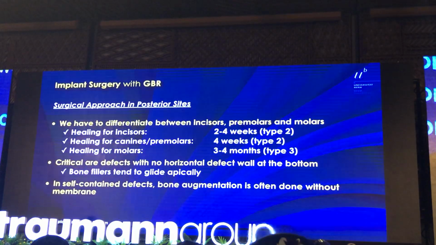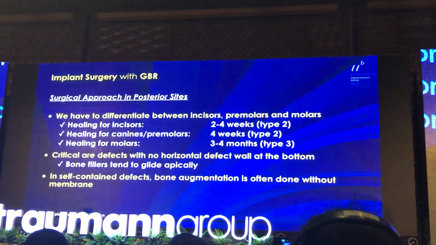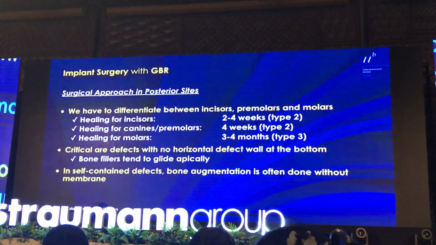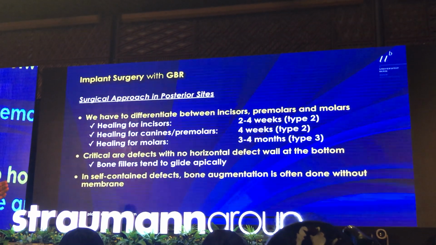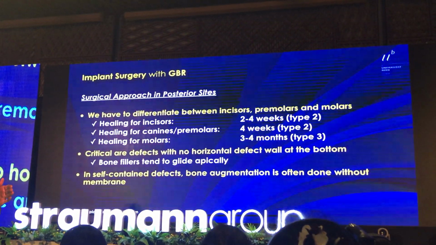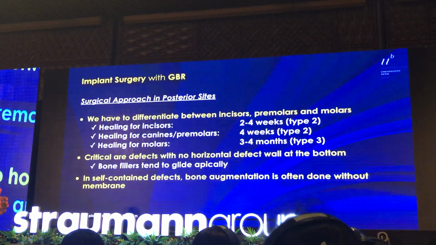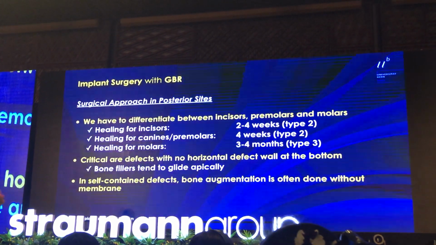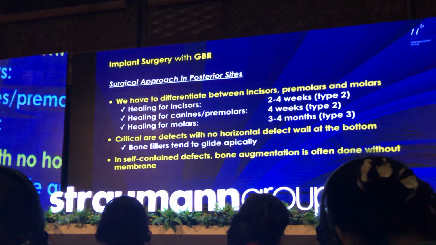A premolar extraction, 4 weeks later I go in to do the surgery. When it's a first molar, we normally go for early placement with 4 months of healing. Often socket grafting, and then we can bypass GBR quite often.